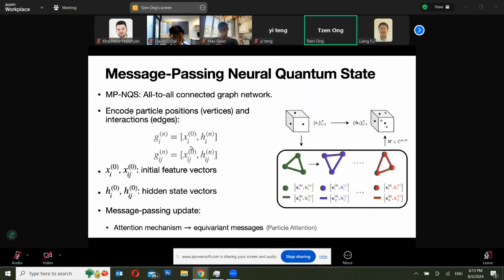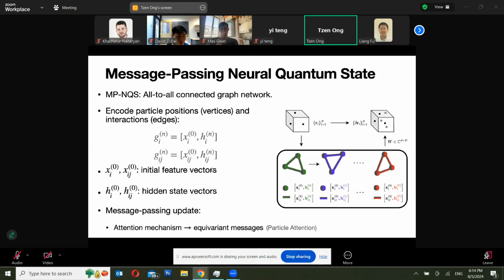The purpose of keeping X_i naught the same for each layer is to mitigate the barren plateau, or vanishing gradient problem, which is a standard trick in the machine learning community. Same thing for the edges: we construct some initial features as well as some hidden features, and the hidden features will be updated from layer to layer.